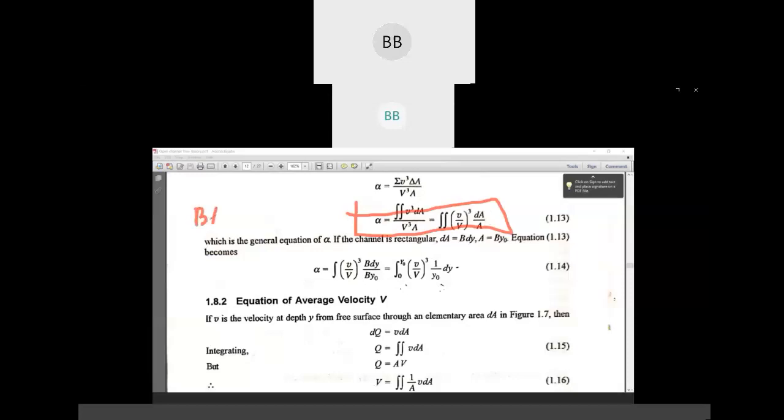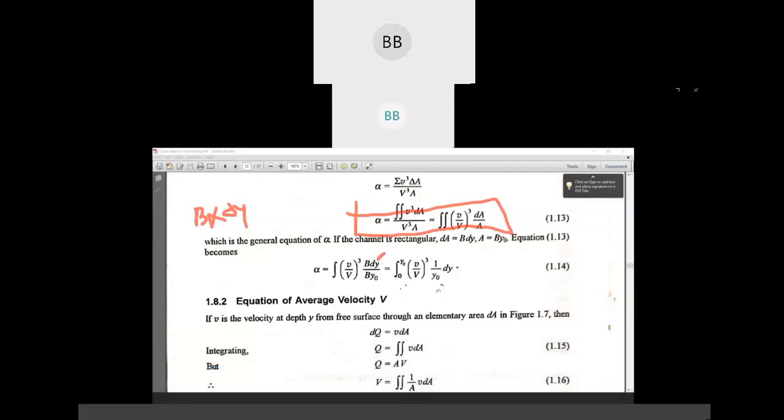In a rectangular channel, area is width into depth. As we are considering dA, the area of a small elementary area, we have to consider the depth as dy. So that's why in place of dA we have written b into dy.